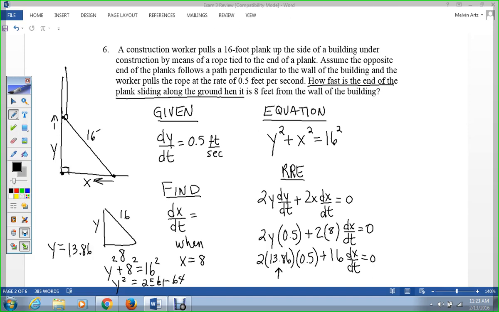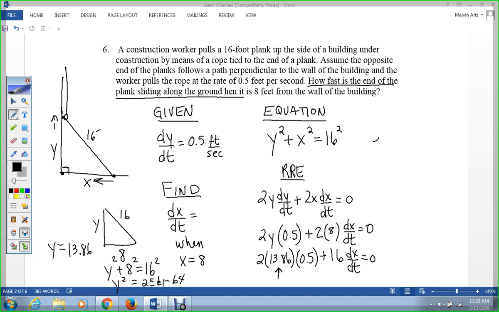So if we take our 13.86 times 2, but then we're going to divide that by 2, so we're going to get back to our 13.86. We'll subtract that to the other side and then divide it by 16 to get 0.866.